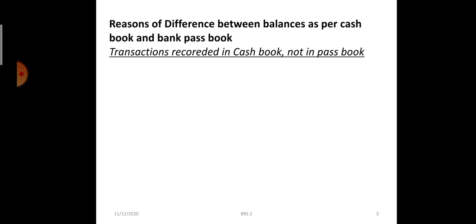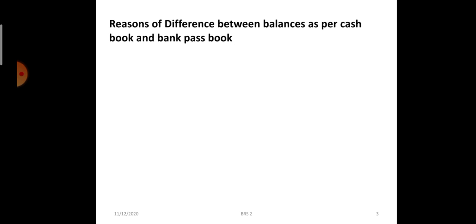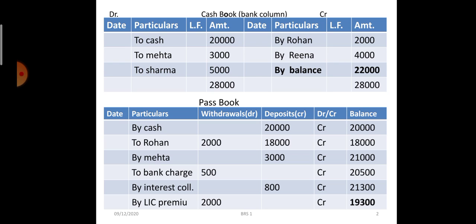So let's write one reason. These are the transactions recorded in cash book but not in passbook. The first one is check issued but not yet presented for payment. In the same manner, there is another transaction, say Sharma.